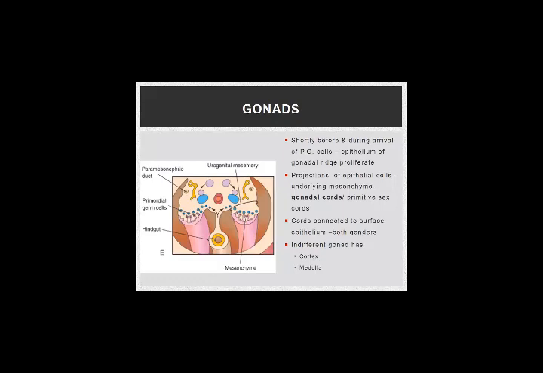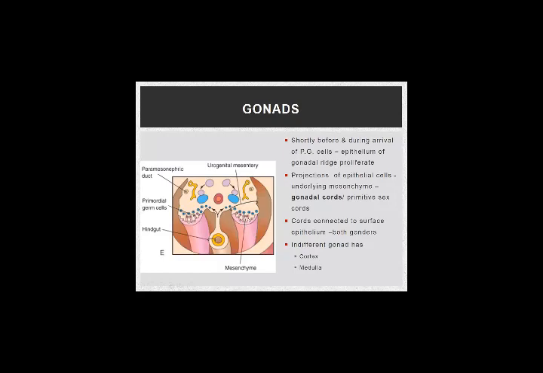So primitive sex cords are formed by the surface epithelium that projects into the underlying mesenchyme. To begin with, these cords still remain connected to the overlying epithelium.